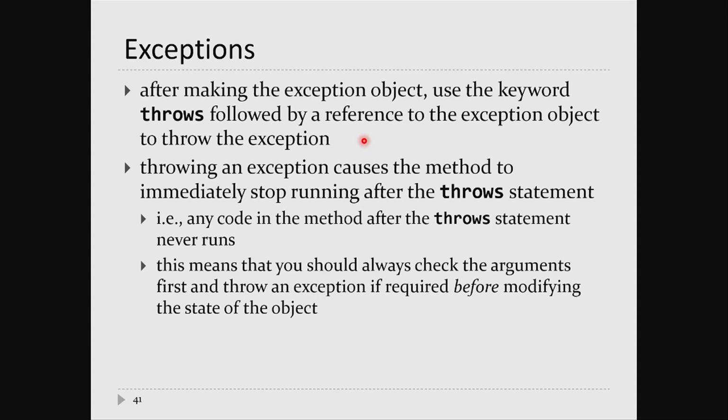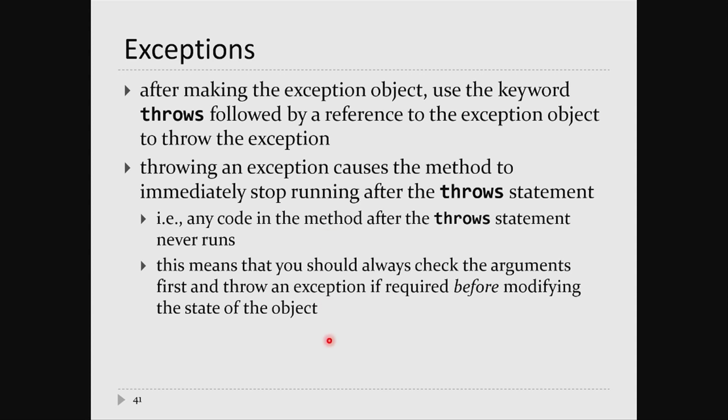When you create your exception object, you say new exception object, and you use the keyword throw in front to throw the exception. What happens when you throw an exception? The method or constructor immediately stops running after the throw statement, so any code that's after the throw statement doesn't run.